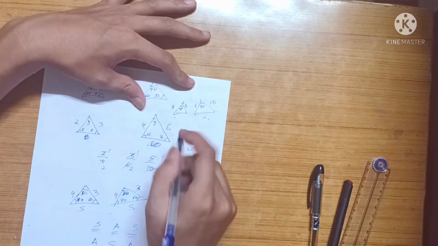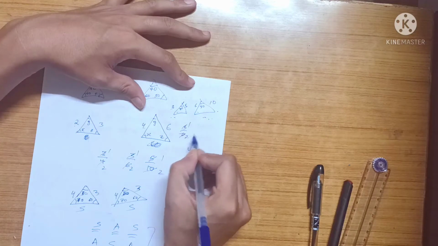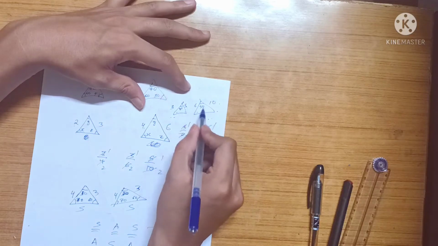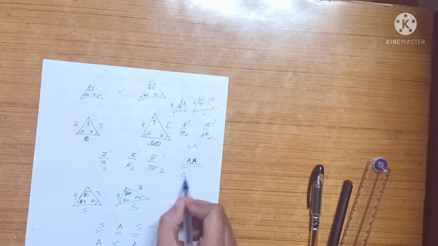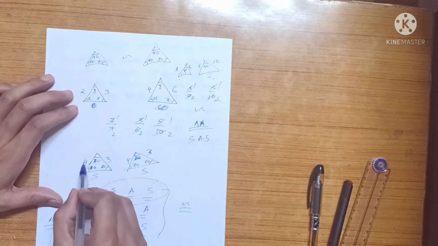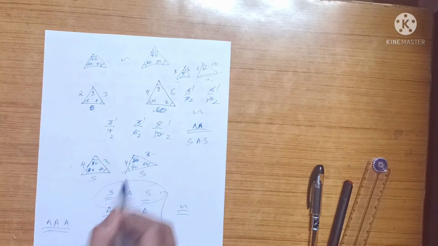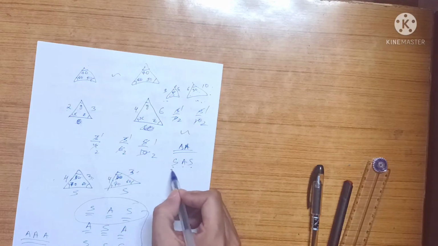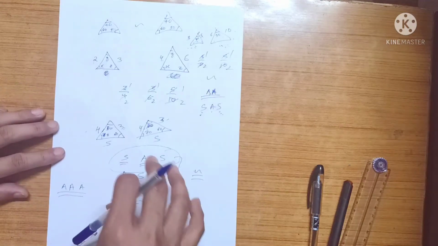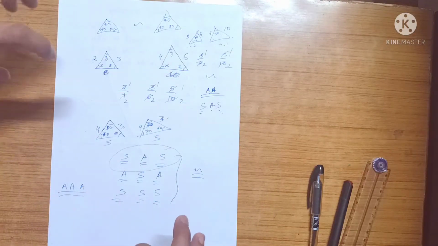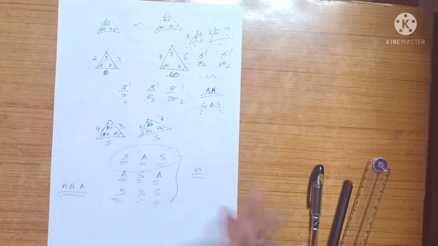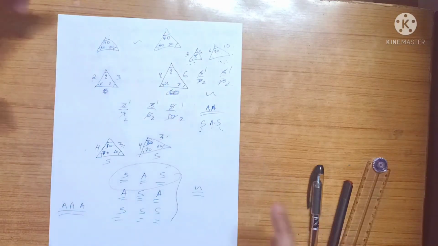But we can say that these 2 are similar because 3 divided by 6 is 1 by 2, 5 divided by 10 is also 1 by 2, and in the middle the angle is 30 degrees, equal. So it's SAS, but not the congruence SAS, okay? That SAS means the 2 sides are exactly the same and the angle is also the same. But here the angle is the same, but the sides are in proportion. So in similar triangles we do this, in congruent triangles we do this. This is only for triangles, but congruent means exact replica, similar means the same ratio. We're just enlarging it to the same ratio.